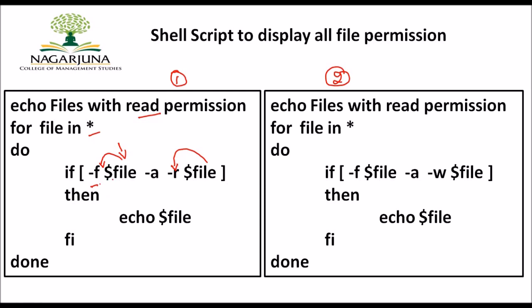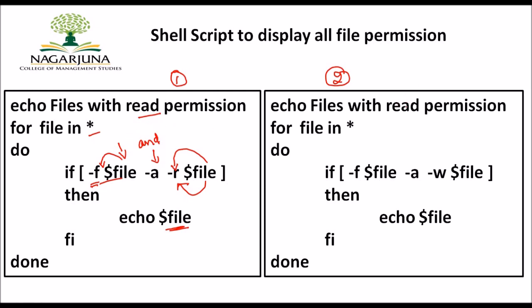The first part in the if condition is that the file should exist at first, and to check whether the file exists or not, we make use of -f. If the file exists, -a here stands for the AND operation. Check if the file exists, and if it exists, check whether the file is given the read permission or not. If it has been given read permission, then such a file will be displayed. So that is the first part of your code, where I'm going to display the read permission.